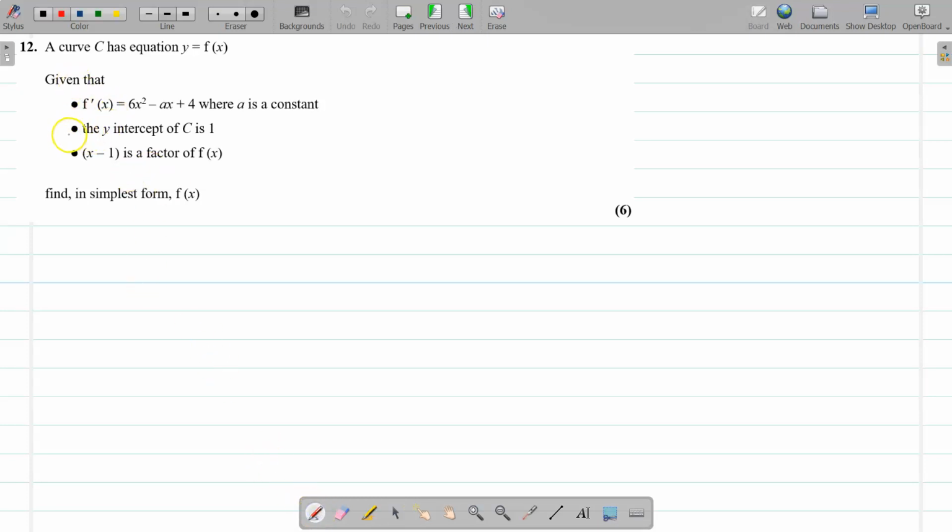So if that's the f dashed of x, then that's the derivative, then f of x is going to be of the form, the integral of that basically. So I need to integrate that, so I get 6x cubed over 3.